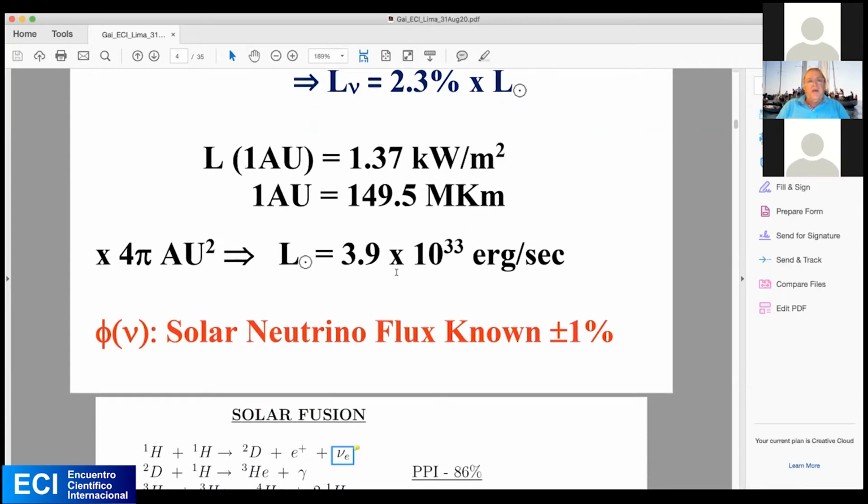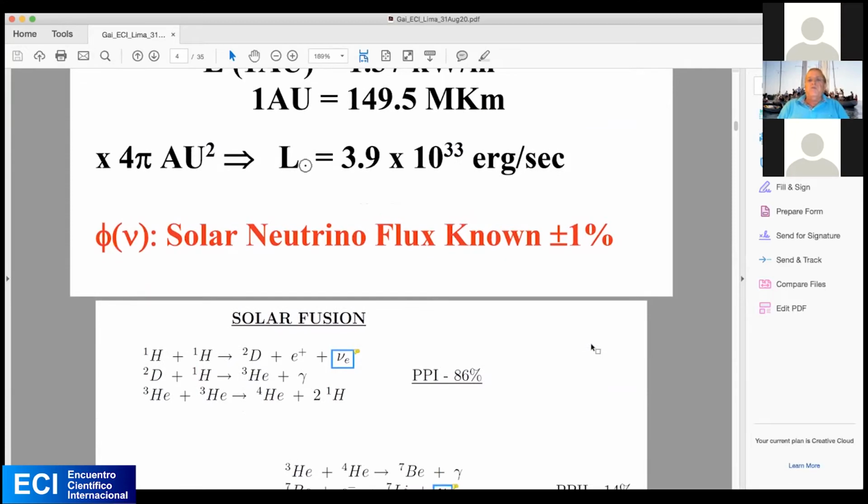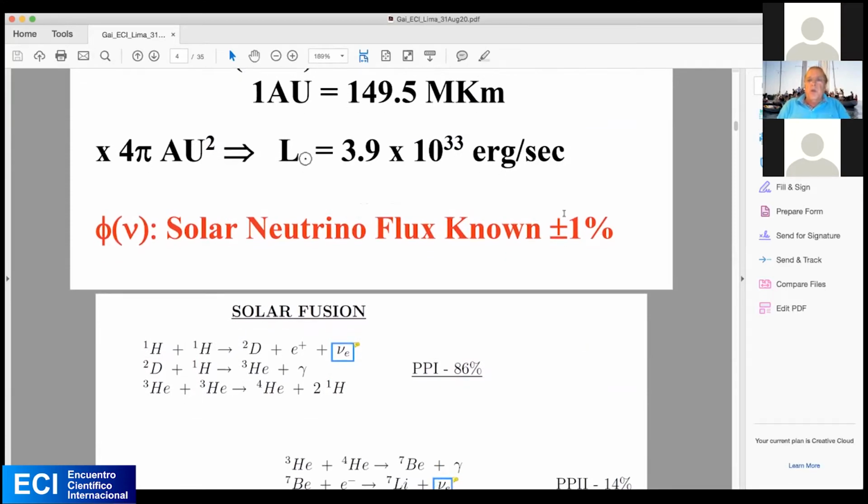If, in fact, we know this number to 1%, then we know the solar neutrino flux with plus or minus 1% accuracy. There is no other source of neutrinos that we understand so well. Even neutrinos that come from a reactor, we don't know with this accuracy. The sun is the best source of neutrinos.